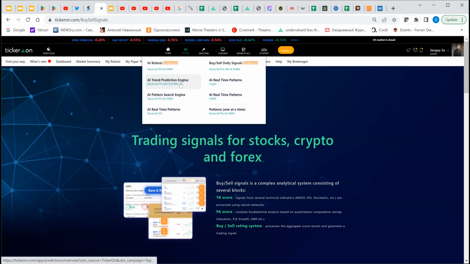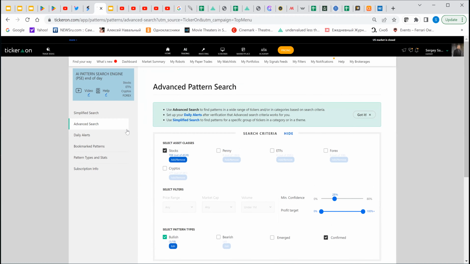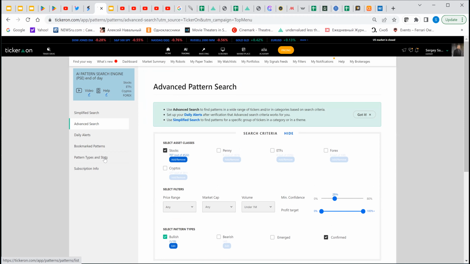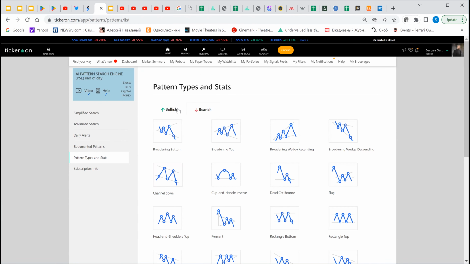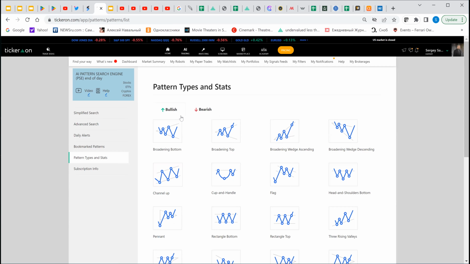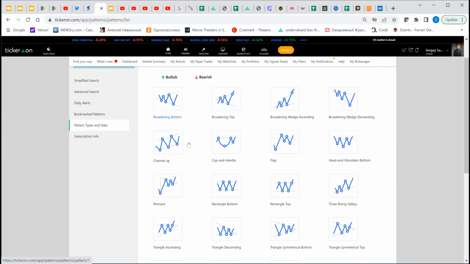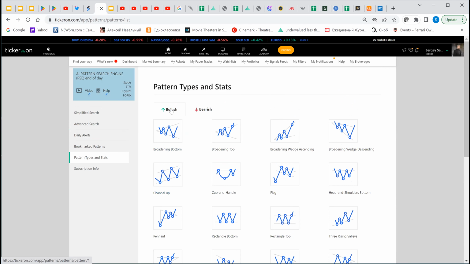Another thing is the pattern search engine. We created a pattern search engine. What we do is we go to the market, and on daily information, our system is looking for different types of bullish and bearish patterns, and then generates statistics and all kinds of interesting information based on the shapes.